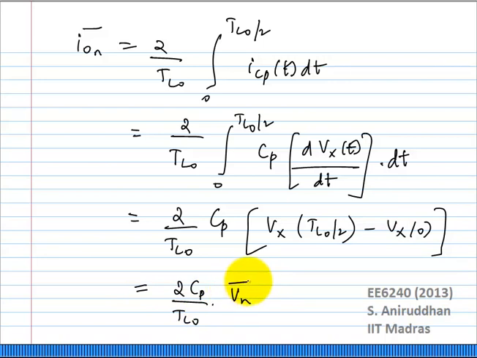So what this means is, this gives you the effective gain from the input referred noise at the LO port to the output noise current. The conversion gain is 2 FLO-Cp. Now the interesting thing is that the conversion gain is actually proportional to the frequency of the LO.